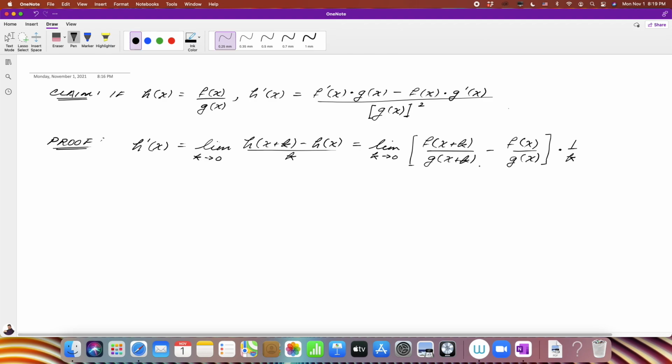Well, clearly we're going to want to find a common denominator here. So let's do that first. I don't think that's going to be enough, but that is certainly something we're going to want to do initially. So it's going to give us the limit as k goes to 0. Multiplying top and bottom of this fraction by g of x plus k, we're going to get the following.